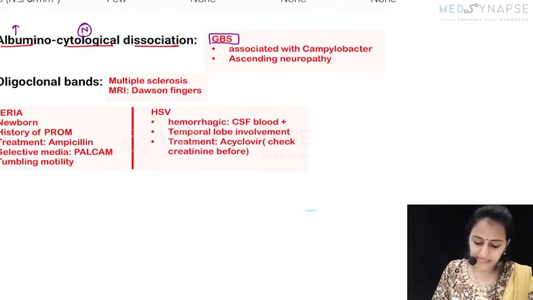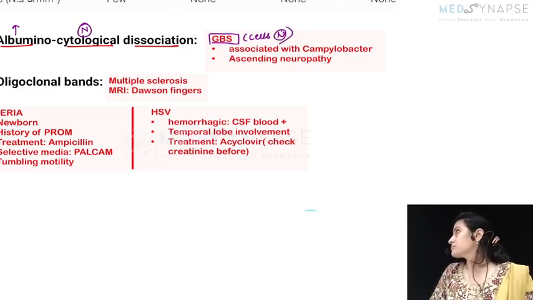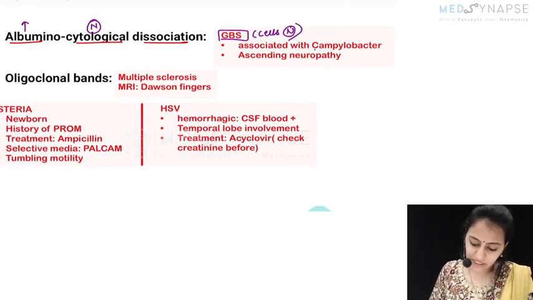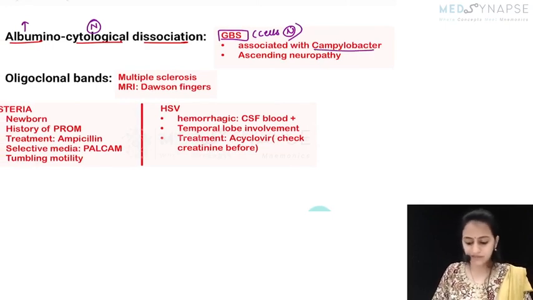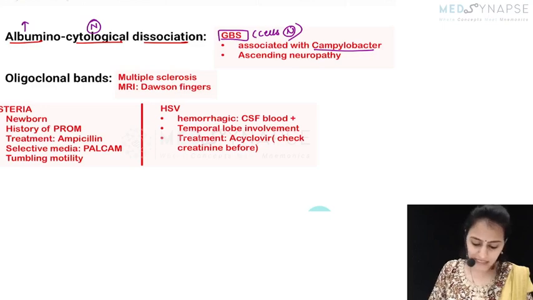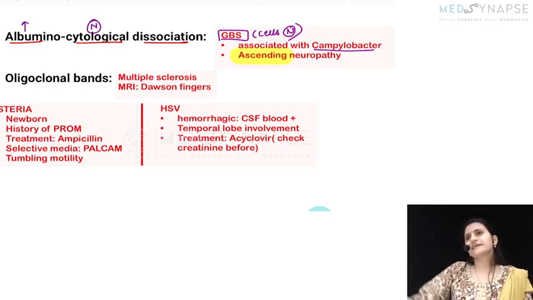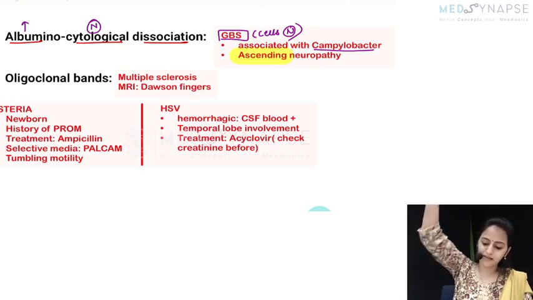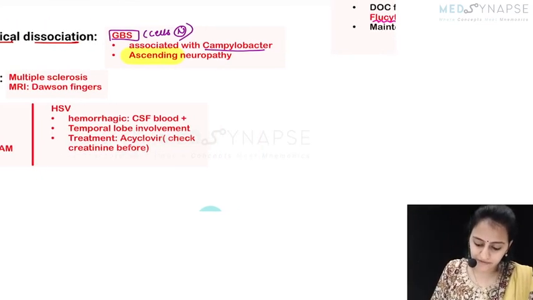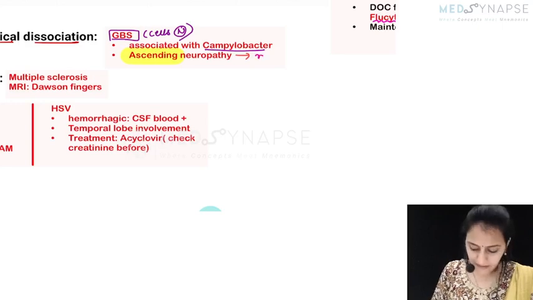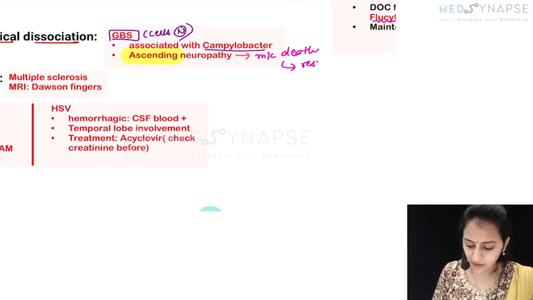So remember, the cells will be normal here. It is associated with what infection? Campylobacter. GBS is an ascending or a descending neuropathy? Ascending. Starts from the lower limb, ऊपर ऊपर आता है. Then what is the most common cause of death? Respiratory. Being ascending, it involves the respiratory muscles, causing respiratory muscle failure.